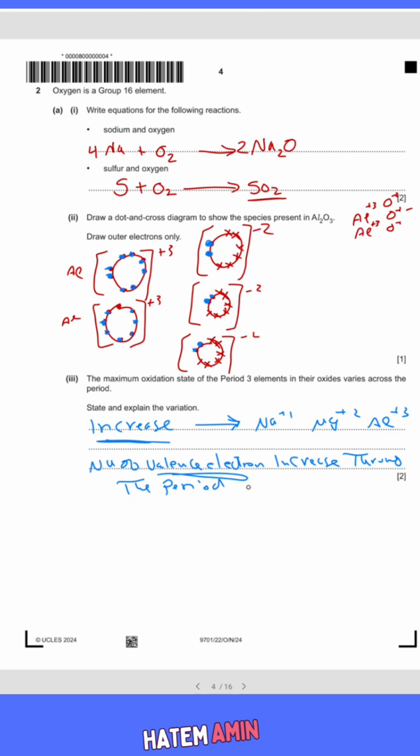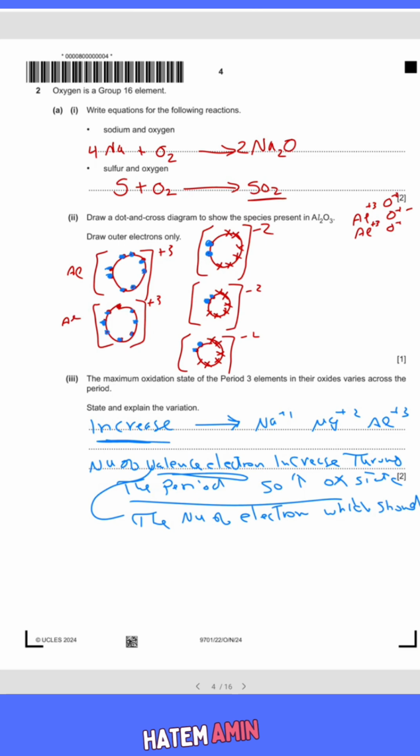So by losing more electrons, it means the oxidation number and oxidation state should increase. What is the valence electron? The number of electrons which got lost by the element to react with oxygen.